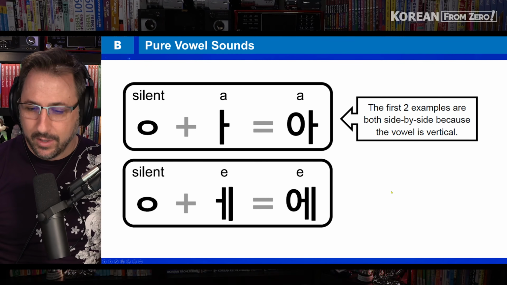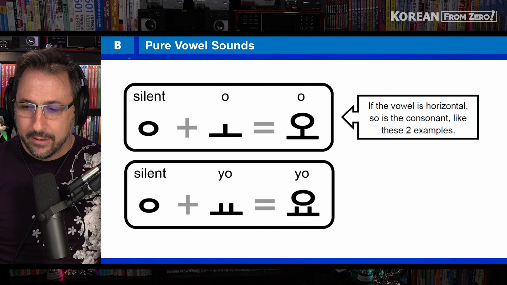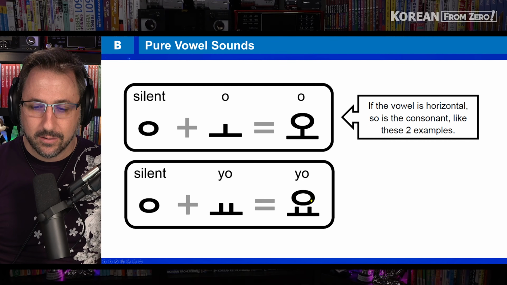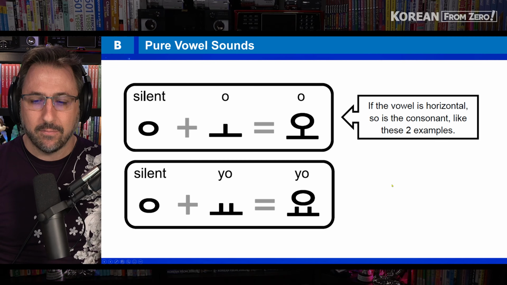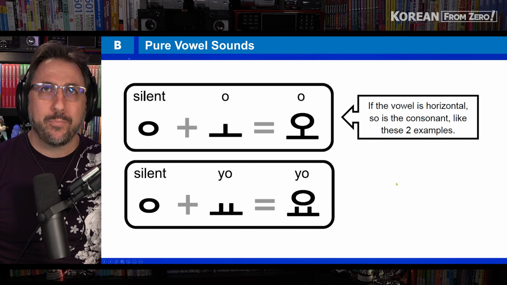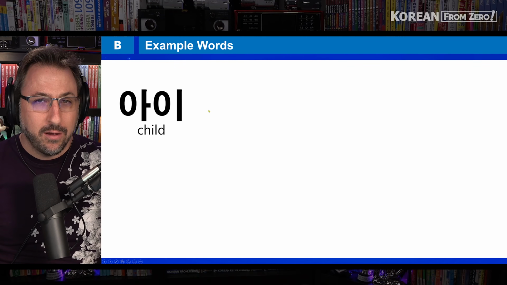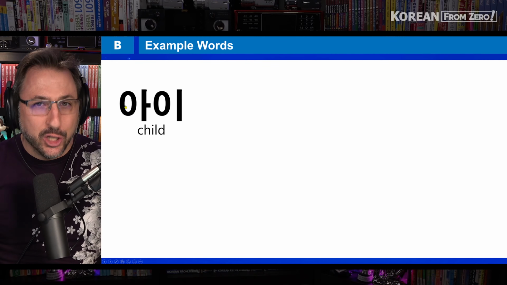Okay. That's pretty easy, right? And if they are horizontal like this, 오, 우. Okay? All right. Now let's look at some example words that use the iyung in its null position.